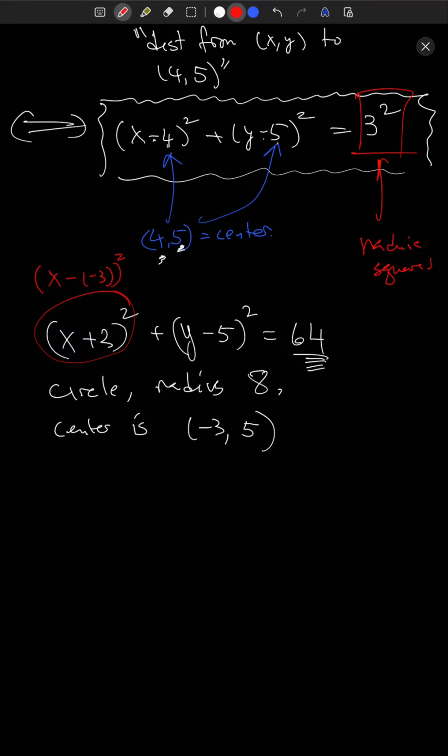So x minus whatever that thing is, is the x-coordinate of the center, so -3. And then here, y minus the y-coordinate of the center, 5. So that's how you would pick out the radius and center of a circle.